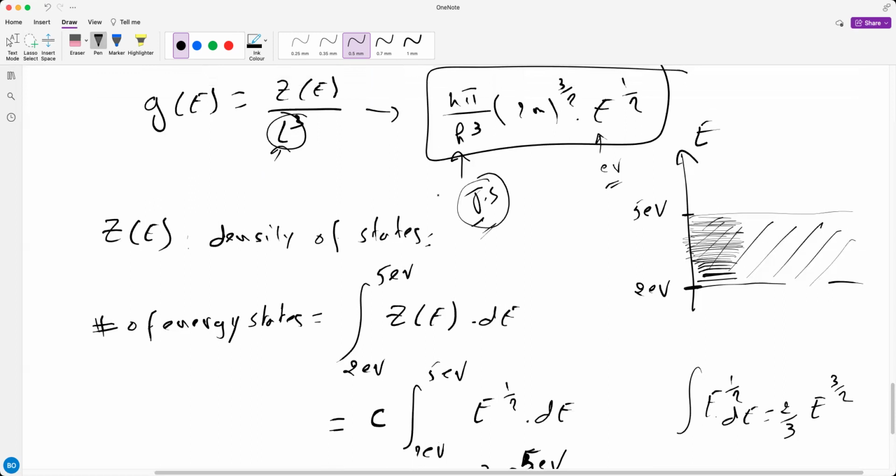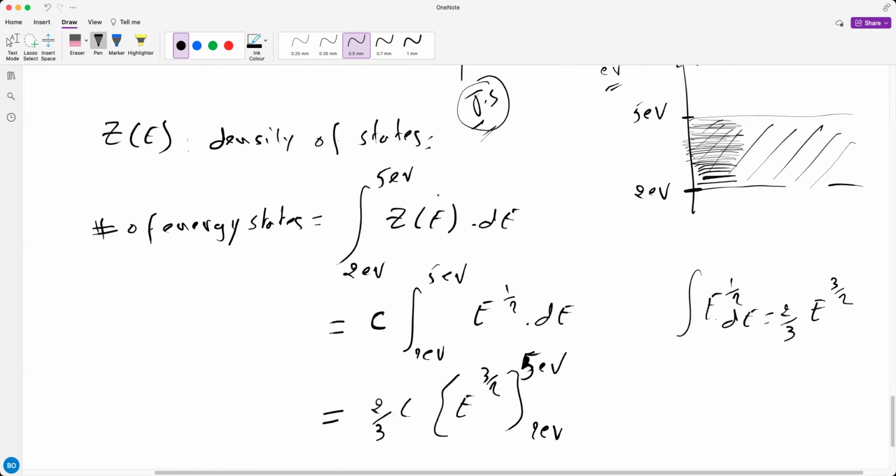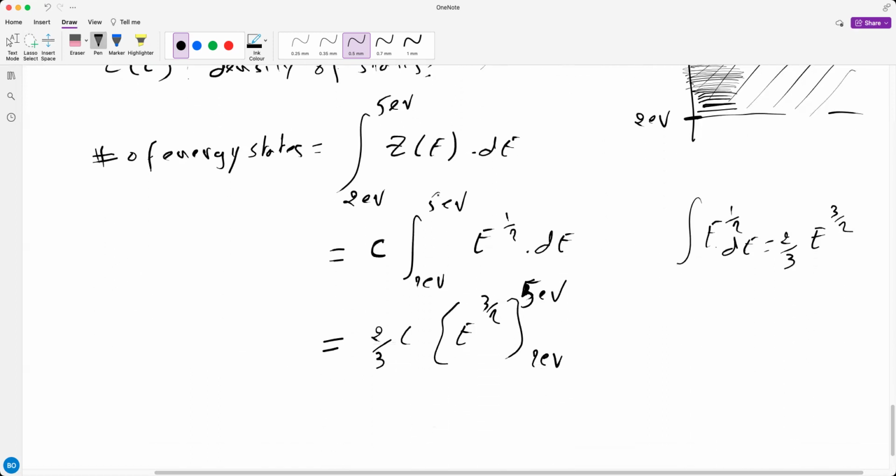Professor, do we replace the E with 5 electron volts, or do we solve it at the end? So this is what I wanted to mention. I just gave you here an example, but later we will do the calculation.